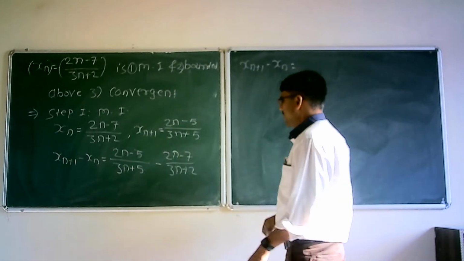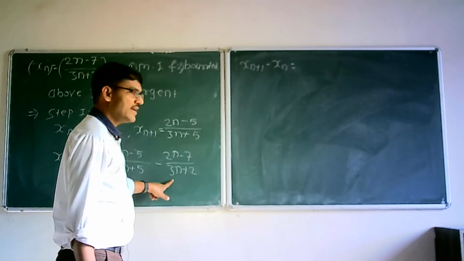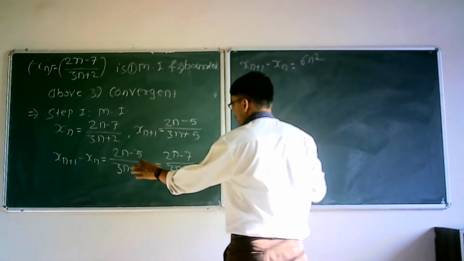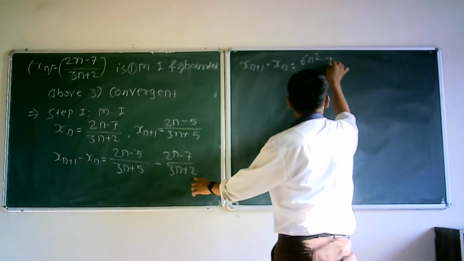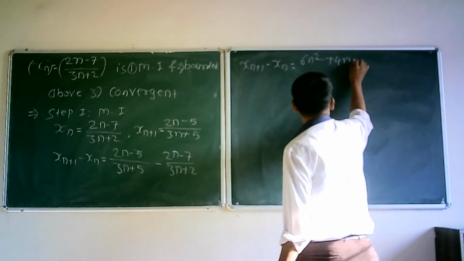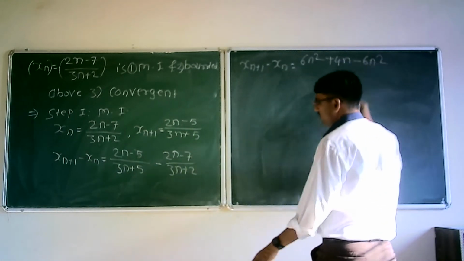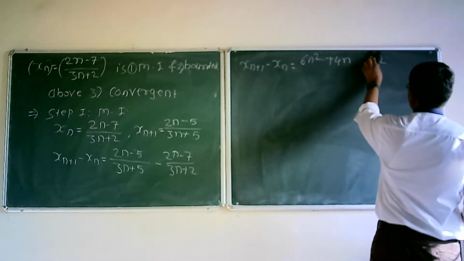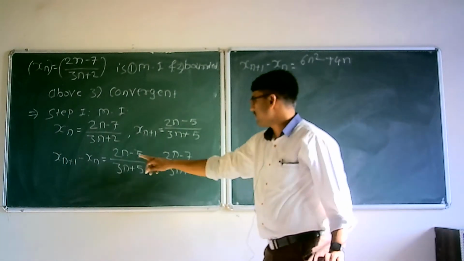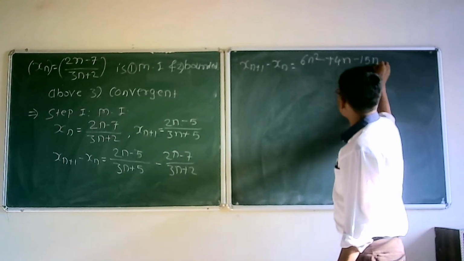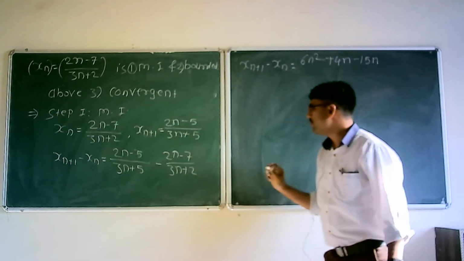If you multiply here, it is twice n into thrice n, which is 6n square, plus 4n. Sorry, we want to multiply minus 5 also. So multiply by minus 5 too. So it is equal to minus 15n minus 10.